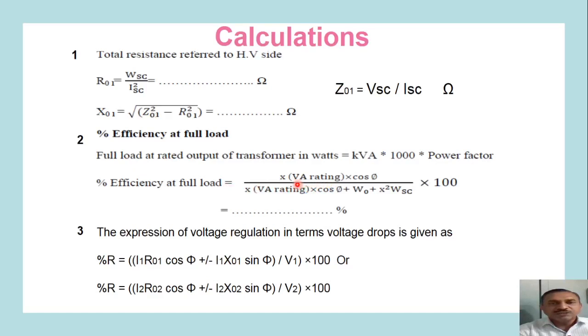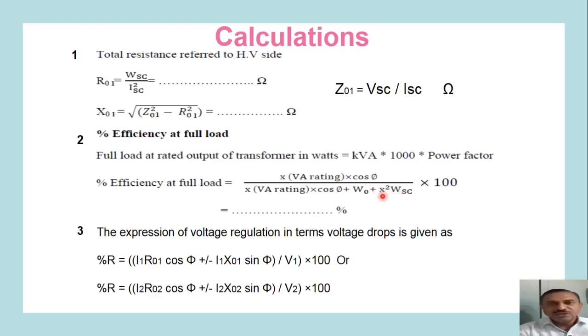Efficiency of the transformer will be equal to X into VA rating into cos phi, divided by X into VA rating into cos phi plus W0, which is the iron loss from the OC test, plus X square WSC. WSC is the copper loss from the short circuit test.